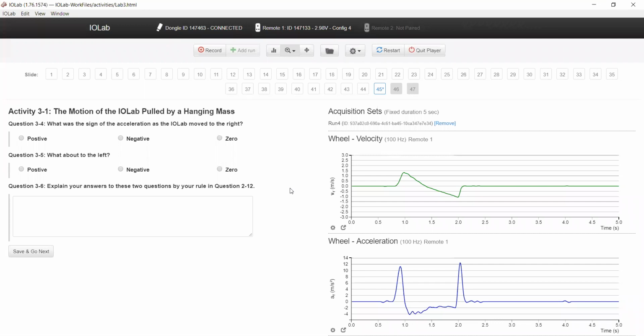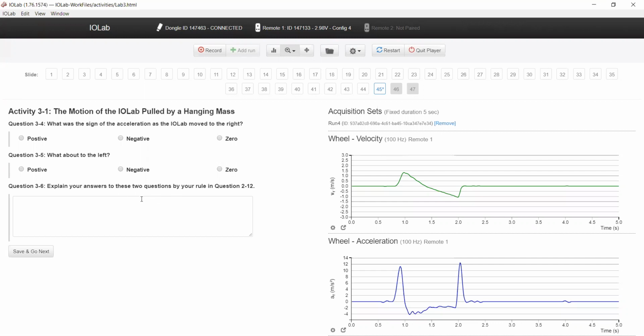In the next one, what was the sign of the acceleration when you moved the IOLab to the right? Right means the positive direction, so it was slowing down in the positive direction. What is the sign of acceleration? When you're moving left, you are speeding up. We have to explain based on the general rule.